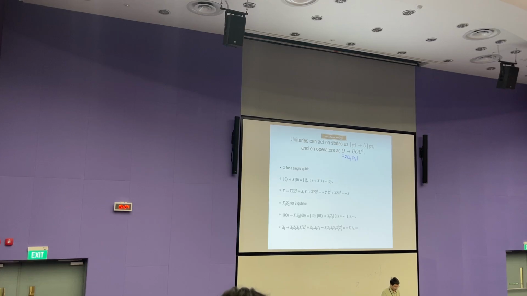So let's look at some examples. Again, for a single qubit, we have the basis states 0 and 1, and consider the X unitary. X acting on 0 gives 1, acting on 1 gives 0.